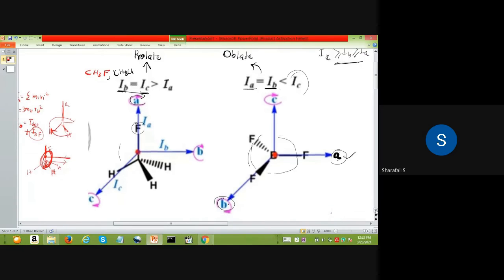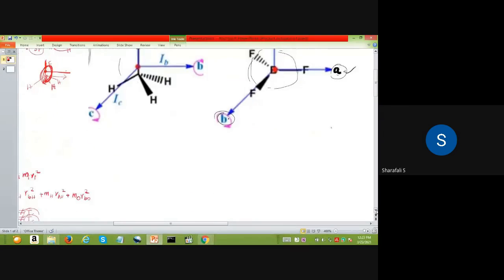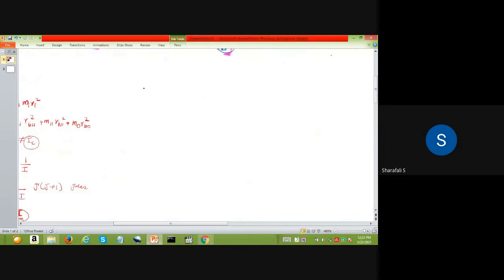And then we have the third one, which is known as the spherical top molecule. In the case of a spherical top molecule, we have IA equal to IB equal to IC. All are the same. An example for this is CH4.